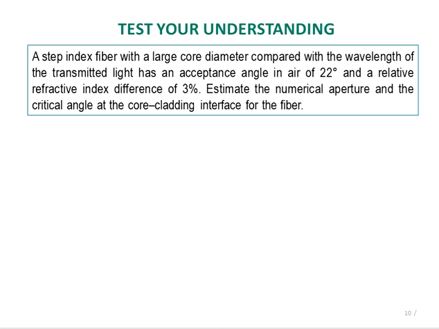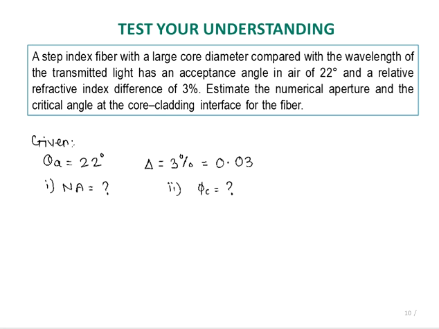So in this case, theta A is given, that is 22 degree, delta is given 3%, that is 0.03. We need to find the numerical aperture and the critical angle, phi c. We know that NA is written as n0 sine of theta A. Since n0 equals 1, the numerical aperture will be 0.374.